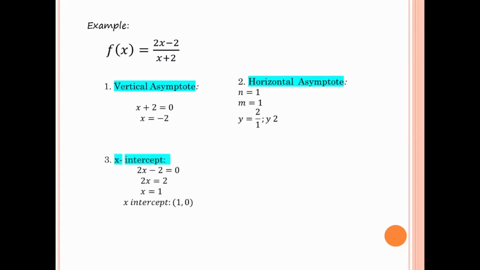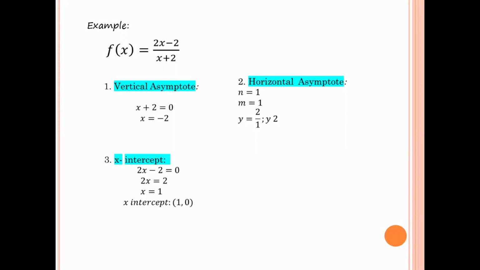Then identify the intercepts. X-intercept, let y equal 0. 2x minus 2 is equal to 0. 2x equals 2. Divide both sides by 2 to isolate the x. So 2x divided by 2 equals x. So x is equal to 1.